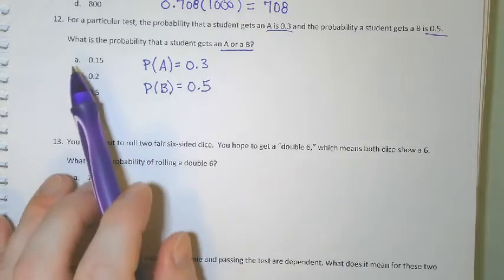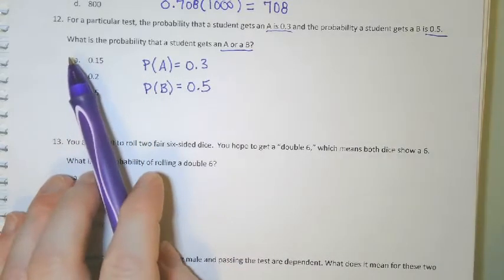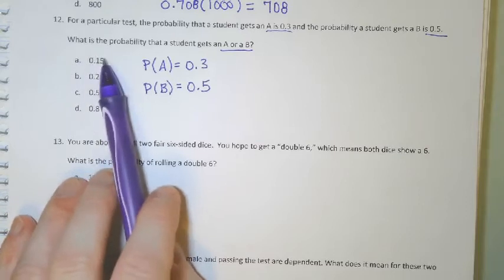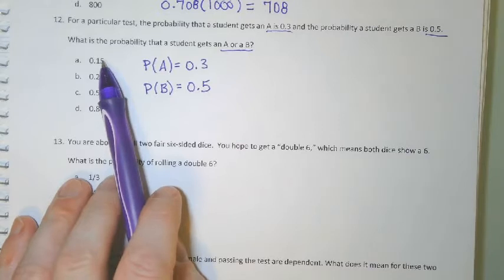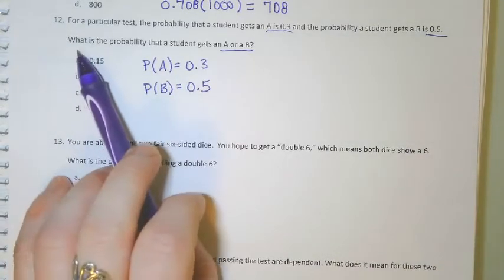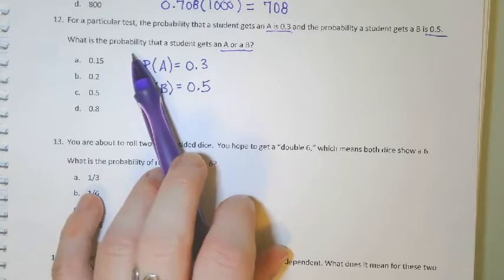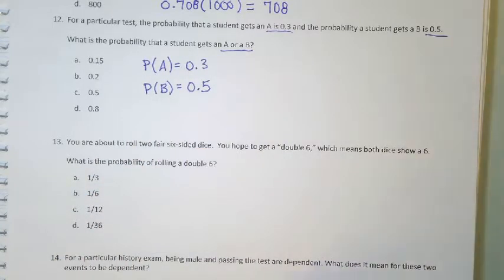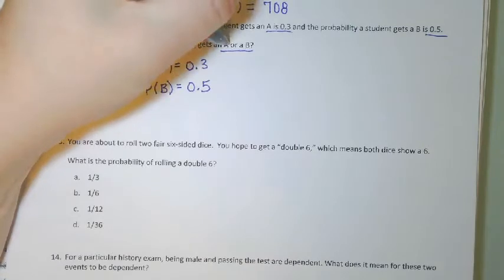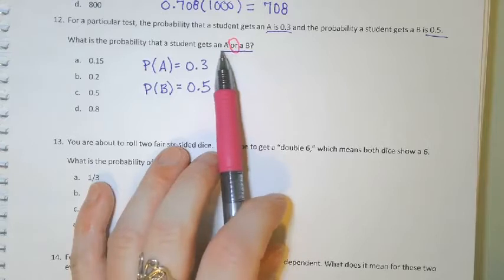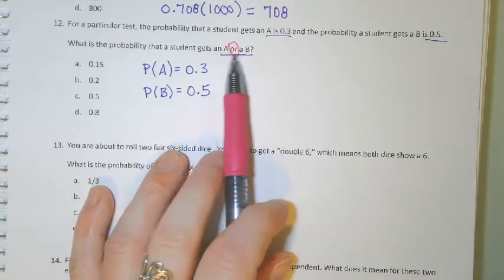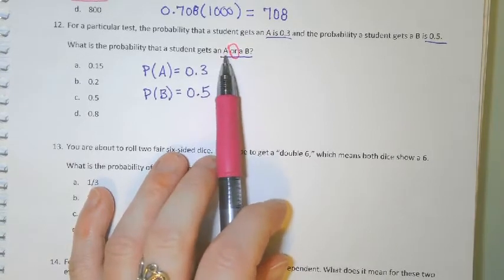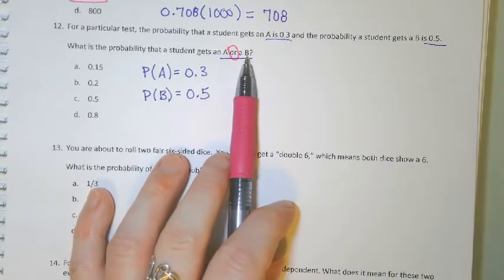So we want to read the question carefully because there's going to be just one word that determines the difference in what procedure we're going to use to come up with our final answer. So they're asking, what is the probability that a student gets an A or a B? So, or means one or the other. So, what's the probability that they got either an A or they got a B?